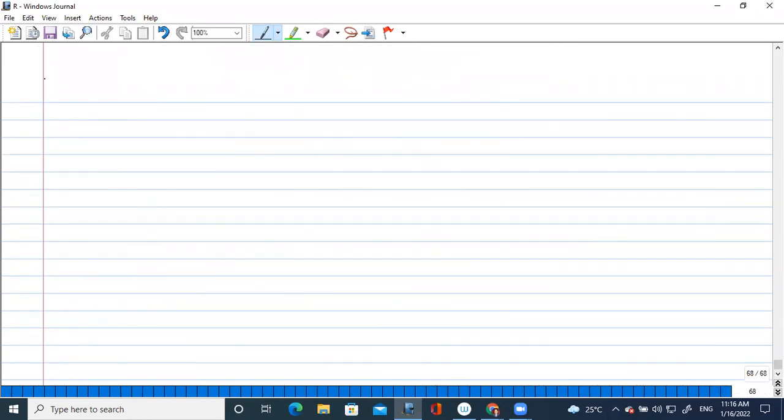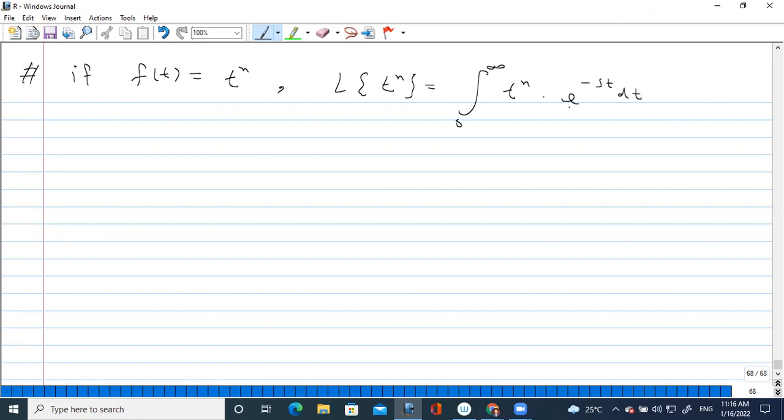Okay, so two more are left. If f(t) is t to the power n, then Laplace of t^n will be integral 0 to infinity t^n e^(-st) dt.